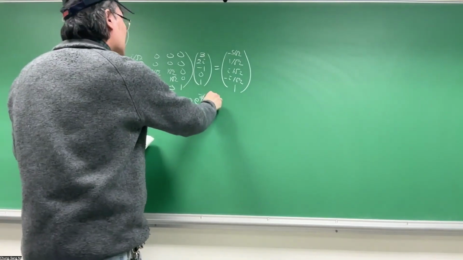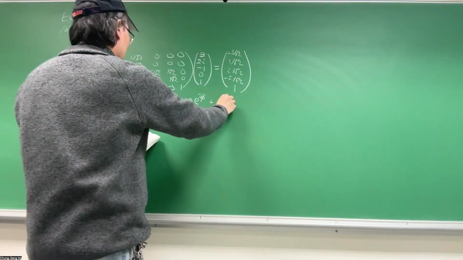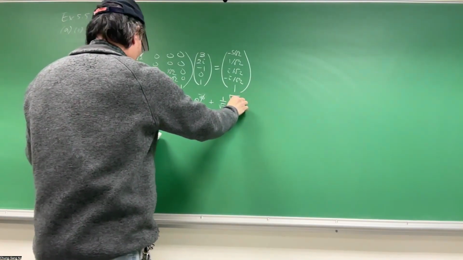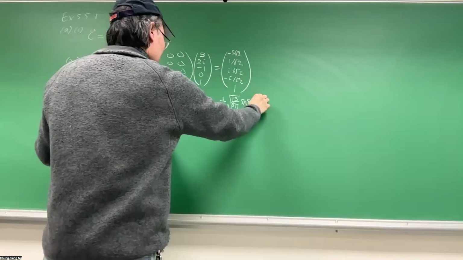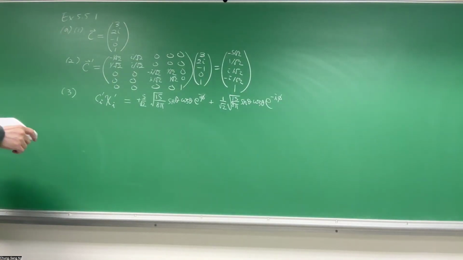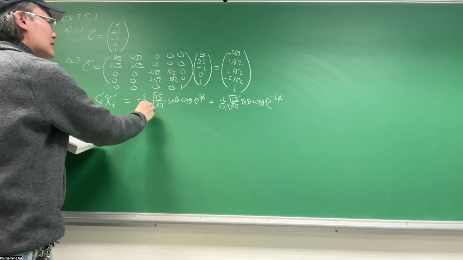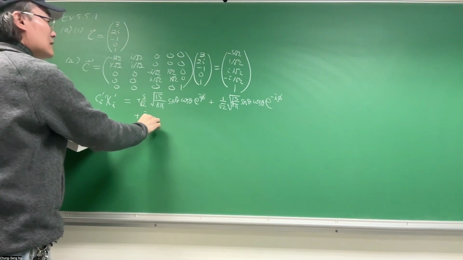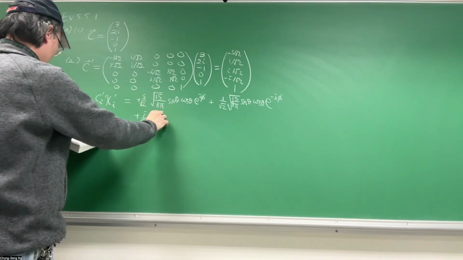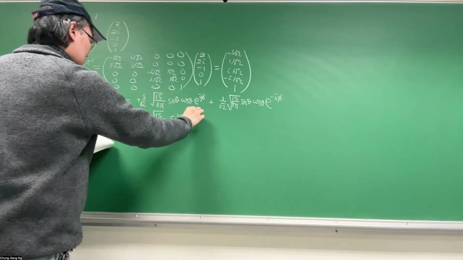And then C sub 2, chi sub 2 is 1 square root of 2, 15 over 8 pi, sine theta cosine theta e to the minus I phi. Okay. I sub C is C3 I over square root of 2, and chi3 pi sine square theta e to the 2 I phi.